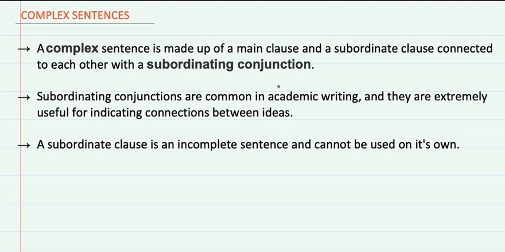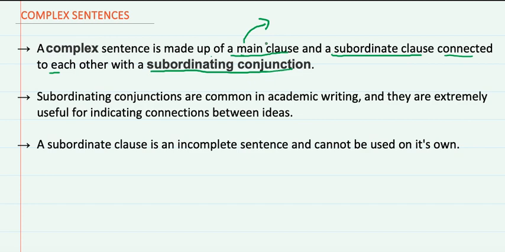A complex sentence is made up of a main clause and a subordinate clause connected to each other with a subordinating conjunction. So you see that we have two clauses. One is the main clause.